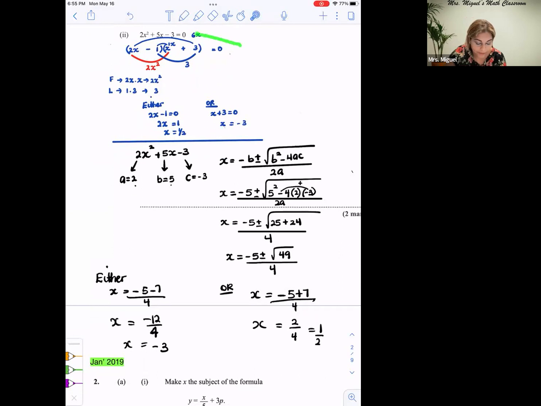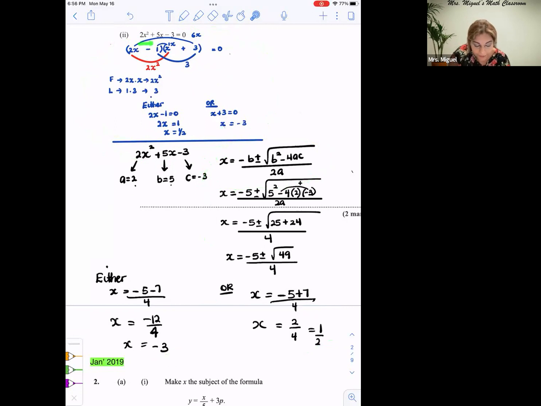Now I know this is a bit new, and the trial and error takes some time to perfect. However, this formula is given to you in the booklet. So if you don't know how to factorize for 2 marks, use the formula and you will get the same answer.